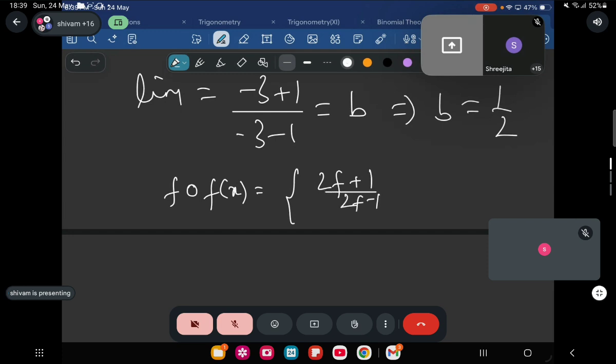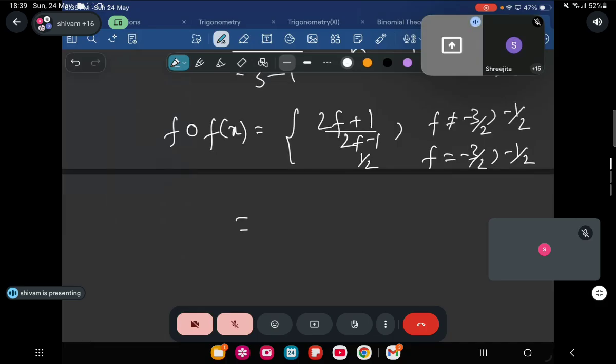Yes. And the next one will be how much? b was half. This is when f is not equal to minus 3 by 2 and minus half. Okay, and this is when f is equal to minus 3 by 2 and minus half. So let us simplify. This will be equal to how much? 2f plus 1. So 2 into 2f plus 1.